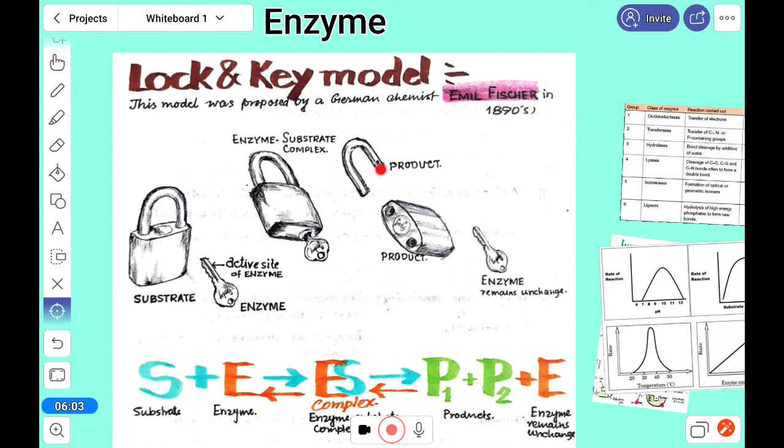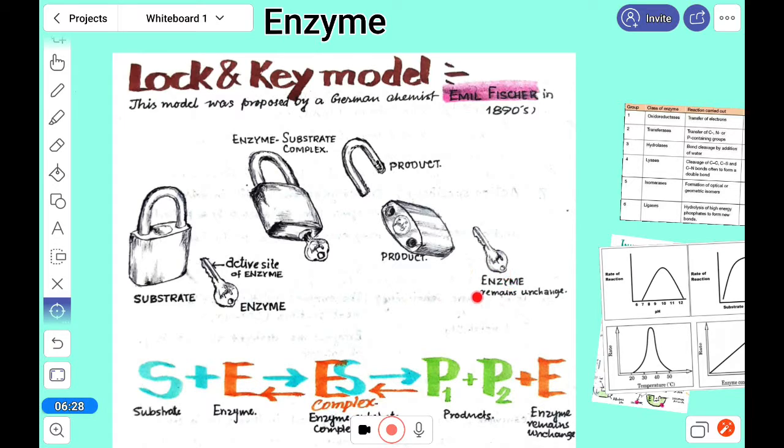Now when it opens, see these two parts: suppose this is the product and this is a byproduct. So the product is there and the enzyme remains unchanged. So we are getting a close similarity between the enzyme and the lock and key.